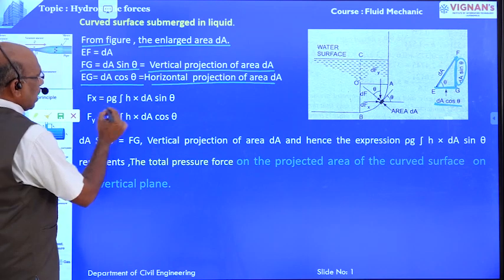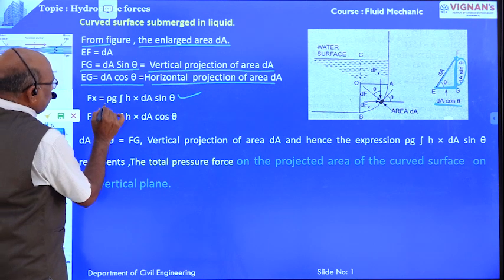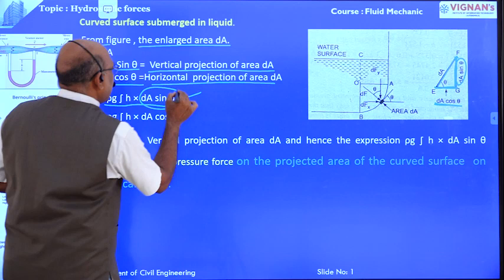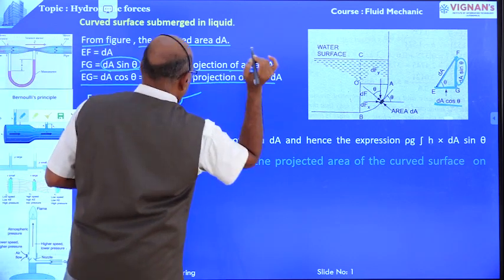Right? Now, already we have derived the total pressure force in the x direction is equal to rho g integral h dA sin theta. dA sin theta is nothing but the vertical projection of area.